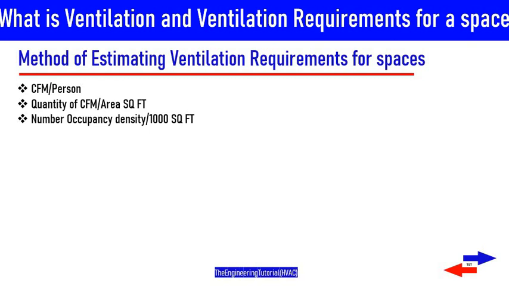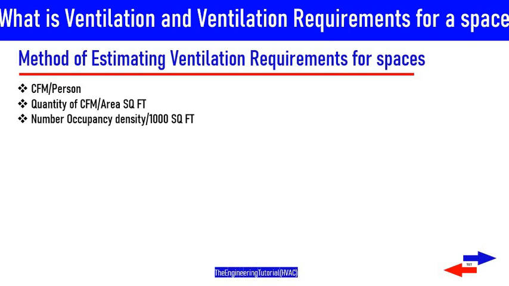Methods of ventilation requirements calculation. The required quantity of the outdoor air involves these three methods. The first method involves multiplying the number of people in the space by the quantity of CFM per person.